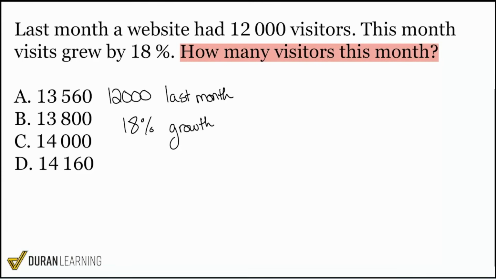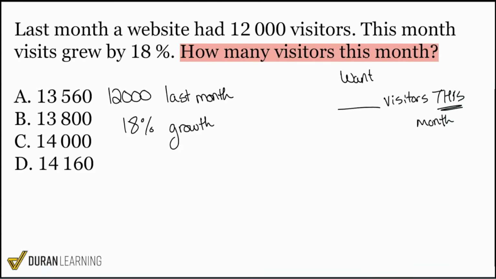Now let's think about how to get there. So again, I want the number of visitors this month. So blank visitors this month. Now let's discuss how to get there. Let's think about this naturally. We don't want to think about this too complicated. It's a very straightforward approach.